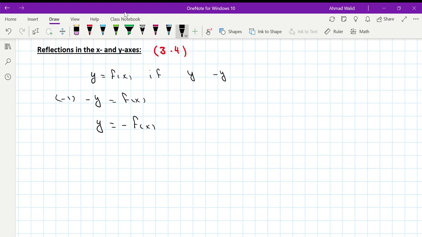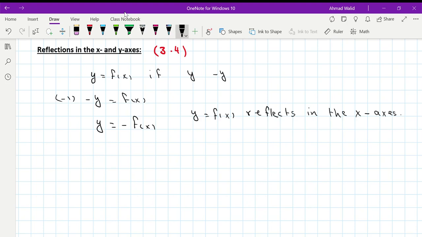Correct? When you replace y with negative y, your graph of y equals f of x reflects in the x-axis.